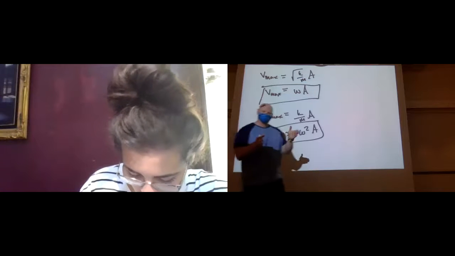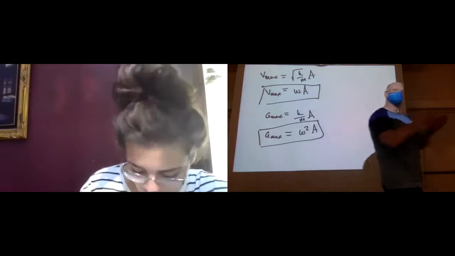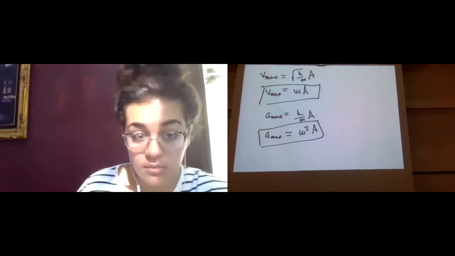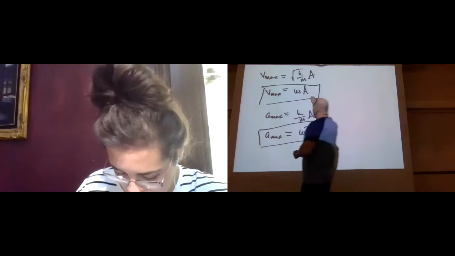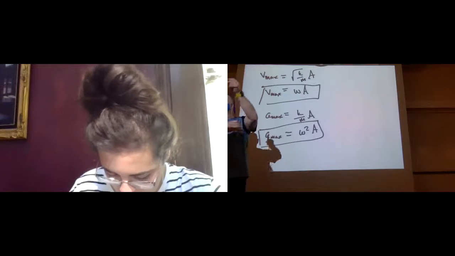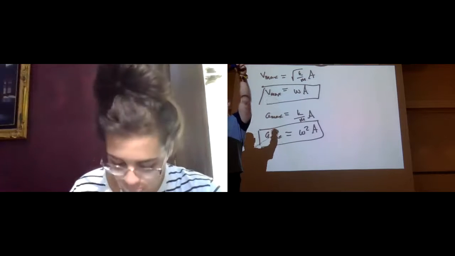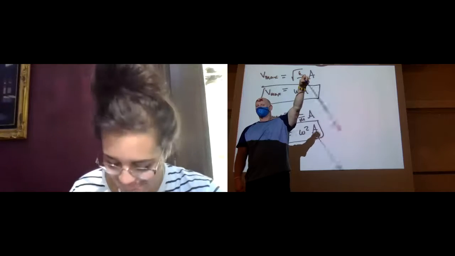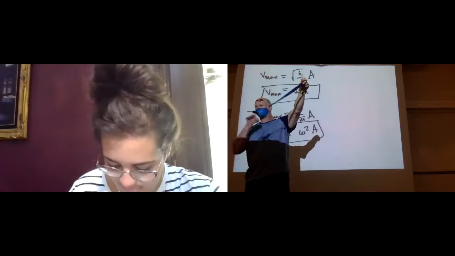Now the point of this is to make a distinction between the spring mass system and some other harmonic oscillator. Because the angular frequency for the spring mass system, which is the square root of k over m, is completely different than the angular frequency in this case. Here you can see what I'm doing. This is a simple harmonic oscillator.